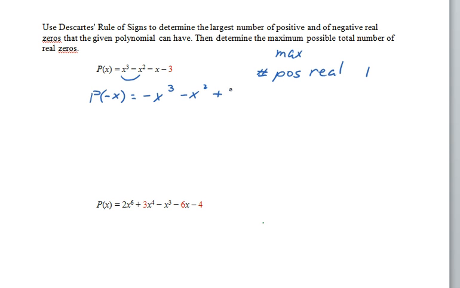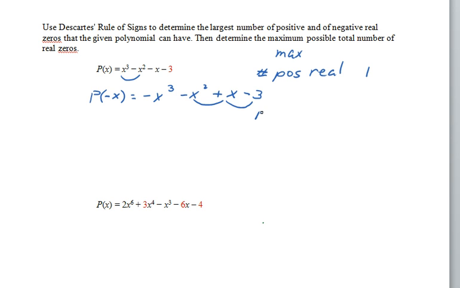We'll now have plus x and minus 3. So here we do not have a sign change from the first term to the second, but we do have one from the second to the third, and then from the third to the fourth term.